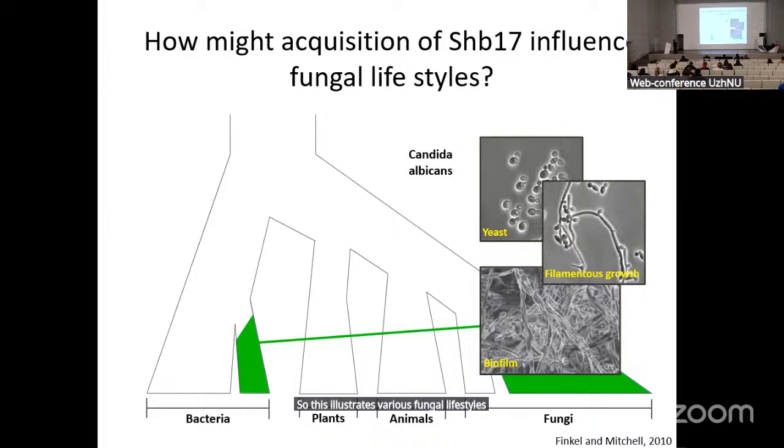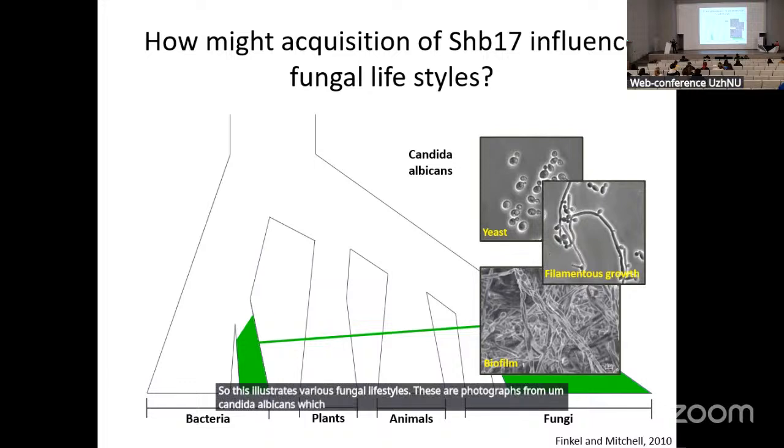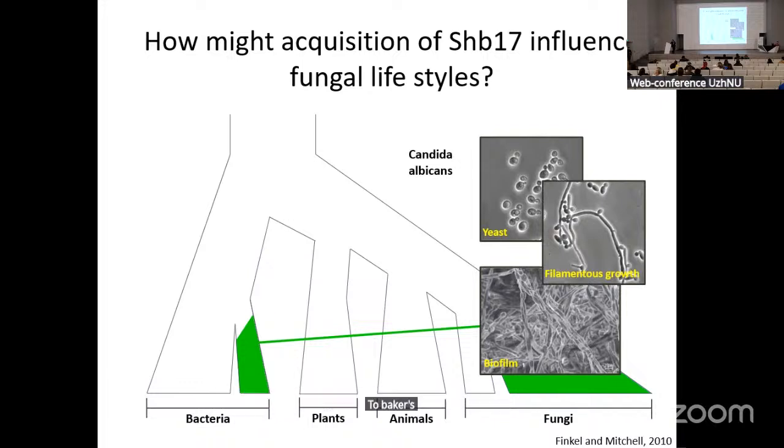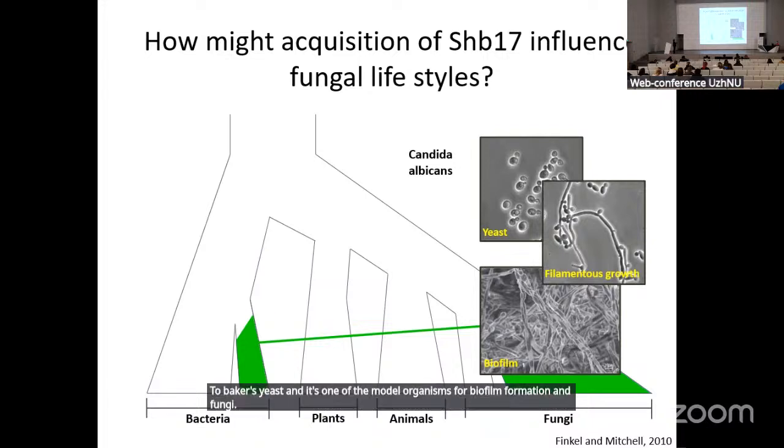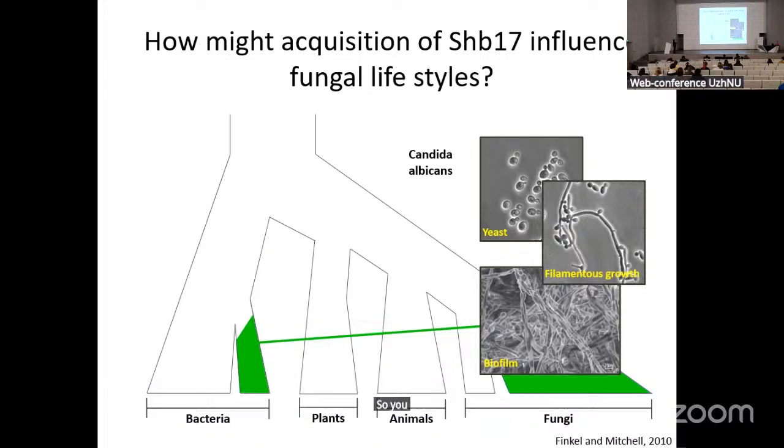These are photographs from Candida albicans, which, depending on your viewpoint, is moderately closely related to Saccharomyces cerevisiae, baker's yeast, and it's one of the model organisms for biofilm formation in fungi. So you can see here regular yeast cells, filamentous growth, and a biofilm.